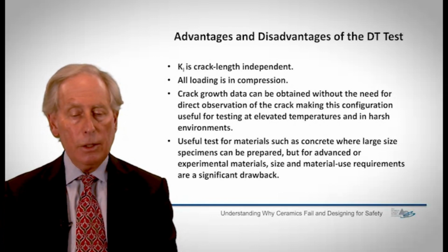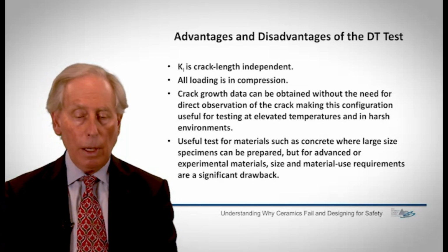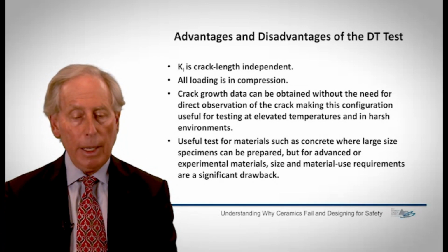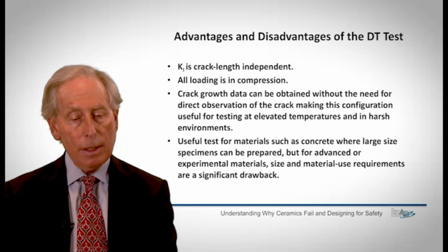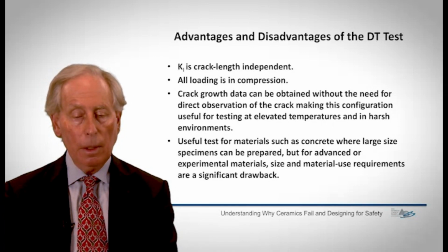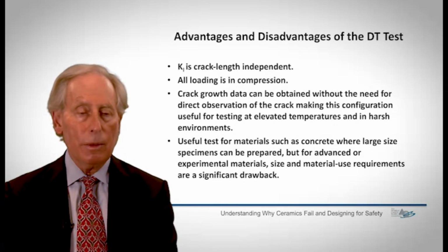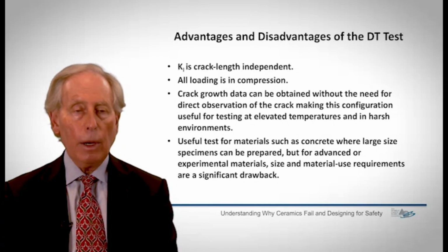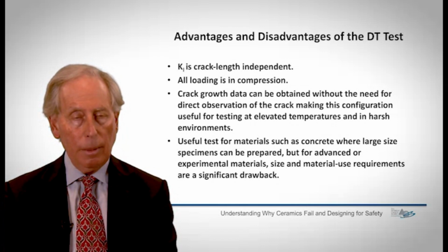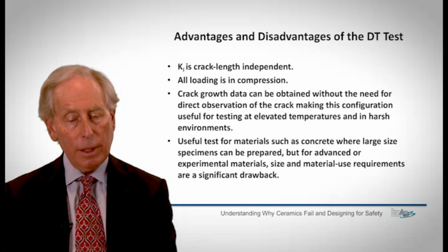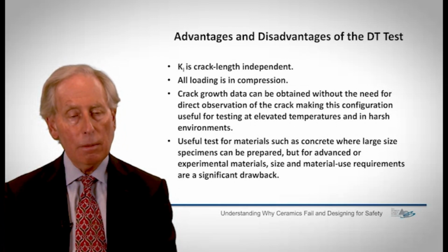But it's useful for materials such as concrete, where the large size specimen can be prepared, but for many advanced ceramic materials, or where I make bars or other strange shapes or spheres or whatever, it requires a lot of material. And because it requires a lot of material, it can be an expensive test to run.